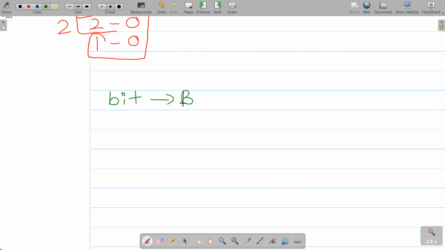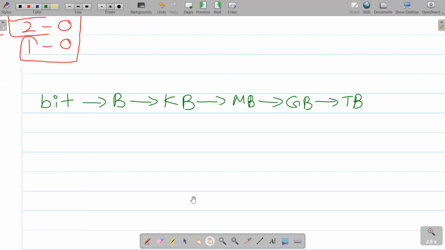Then we create bytes, then kilobytes, then megabytes, then gigabytes, then terabytes. We'll take the petabyte as well. When you need to convert from a larger value to a smaller value, you multiply by 1024.